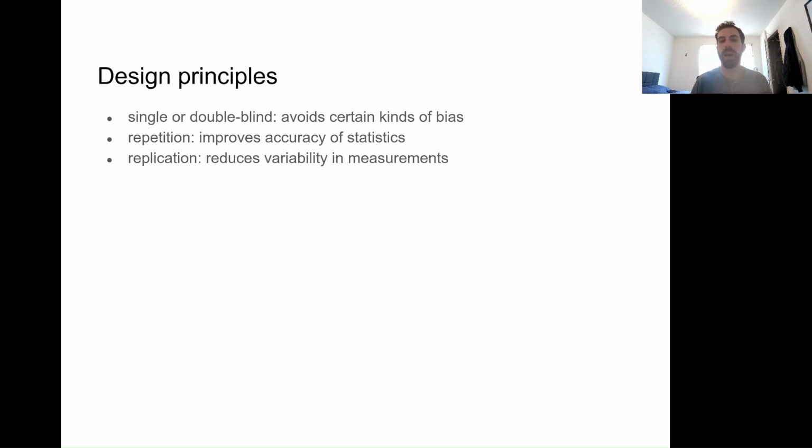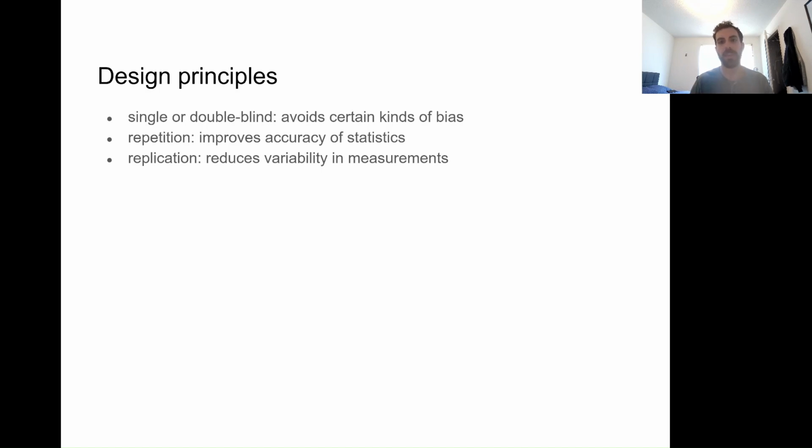Replication, on the other hand, sounds similar, but is different in that you're not recruiting more participants, you're not collecting more data, you're simply measuring that unit of the experiment multiple times. So the key benefit here is to reduce the variability in your measurement.